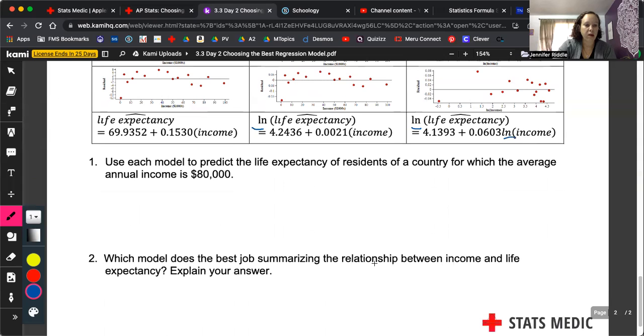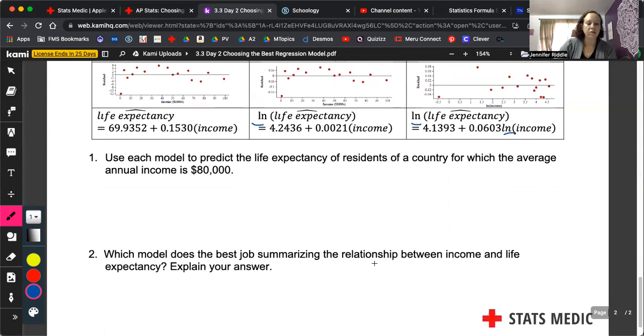Let's look at what we're asked to do in part 1. It says use each model to predict the life expectancy of residents of a country for which the average annual income is $80,000.